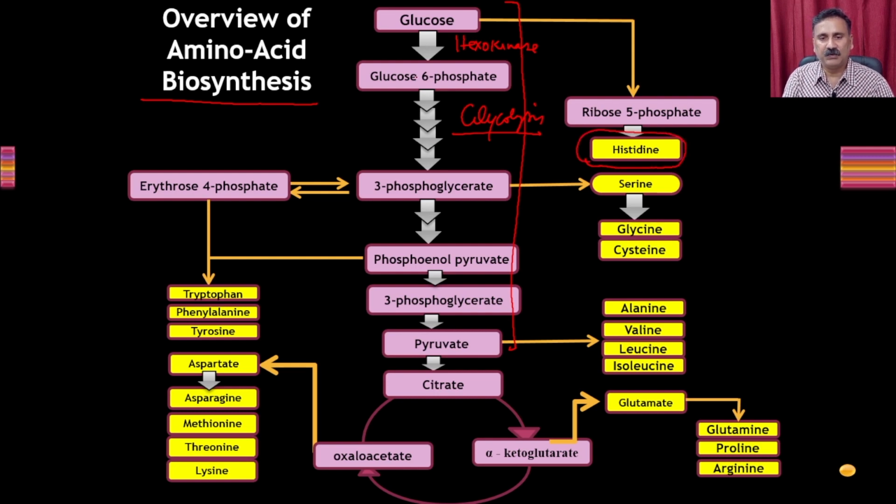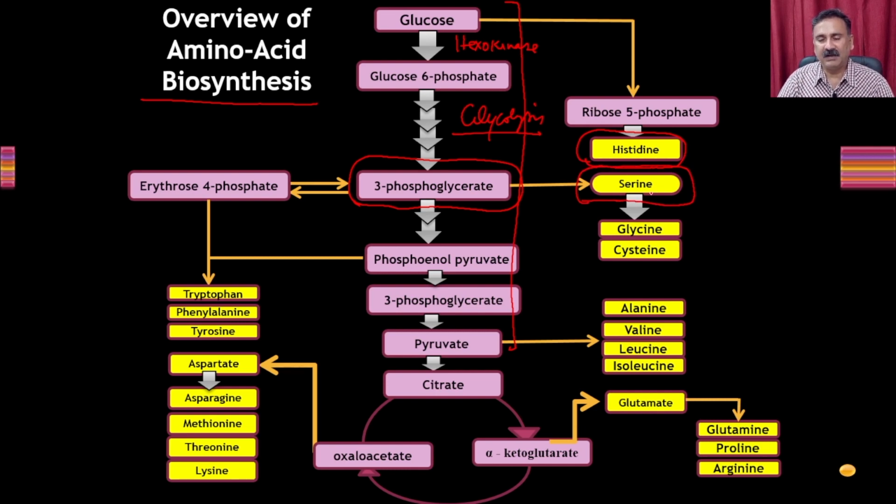Similarly, glucose 6-phosphate with the help of different reactions can be converted into 3-phosphoglycerate, and the 3-phosphoglycerate can be channelized into two different pathways. One is called erythrose 4-phosphate and the other one is called phosphoenol pyruvate. 3-phosphoglycerate can be a precursor for serine biosynthesis.